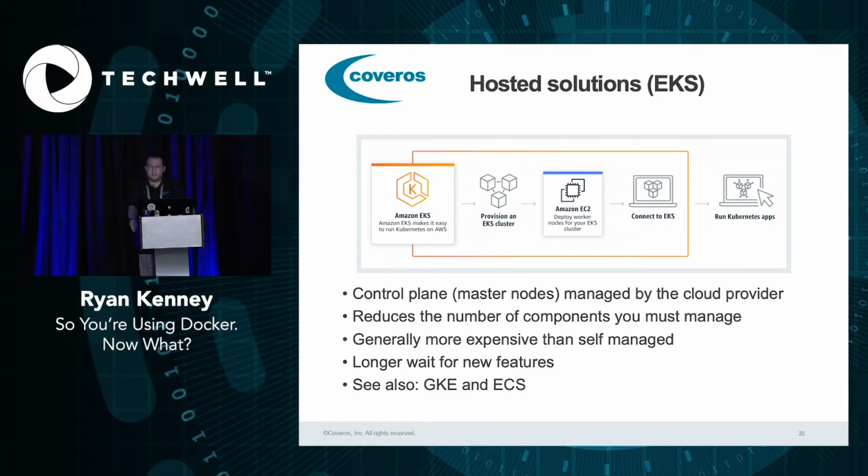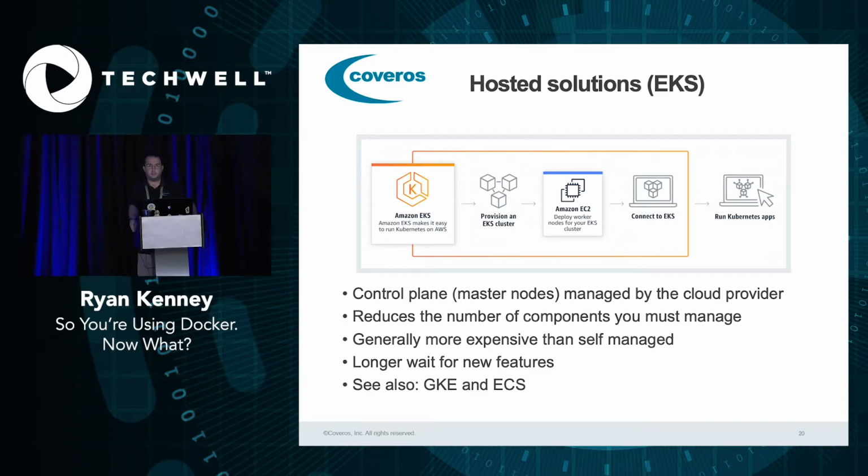There is a longer wait for new features. It's an added layer of indirection. Kubernetes releases a new version, Amazon has to make sure it works with their solution and then roll it out to their customers. There's never going to be a way of getting around that. If you don't mind waiting for the next release of Kubernetes, then a hosted solution might be good for you.